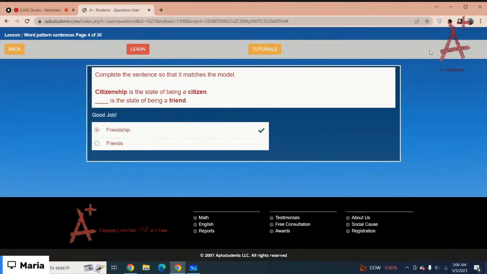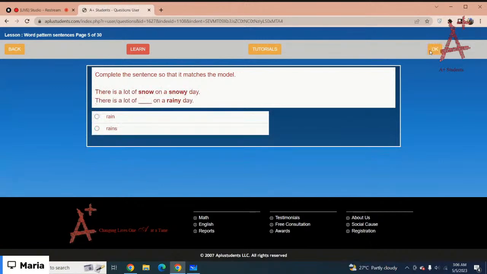Very good. Okay, the next one is there is a lot of snow on a snowy day. There is a lot of dash on a rainy day. So which is the correct option?